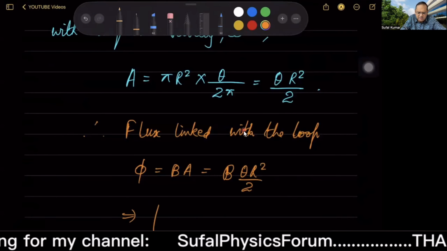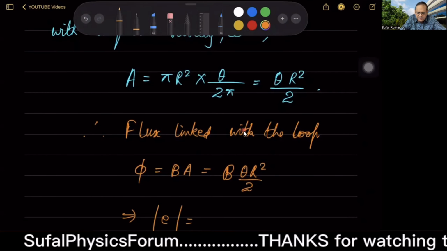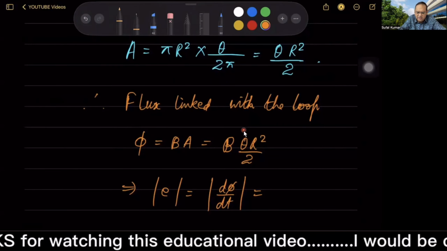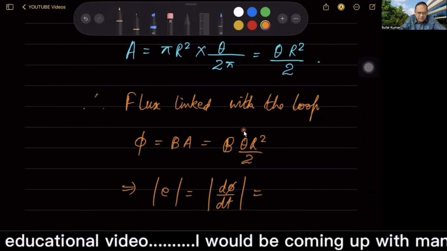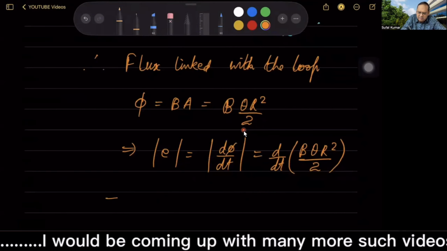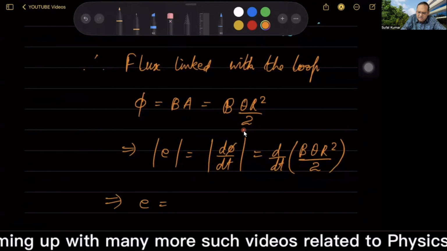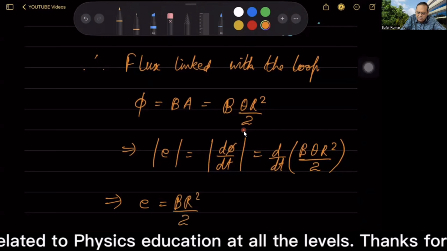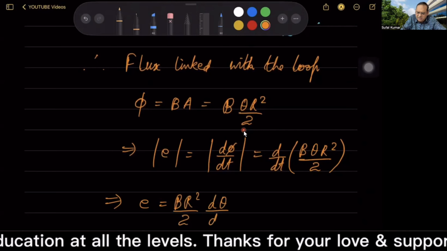It implies that mod of E is d phi by dt. That is whatever we obtained. Now we have to differentiate. It implies that E is, B r square by 2 will come out, and d theta by dt.